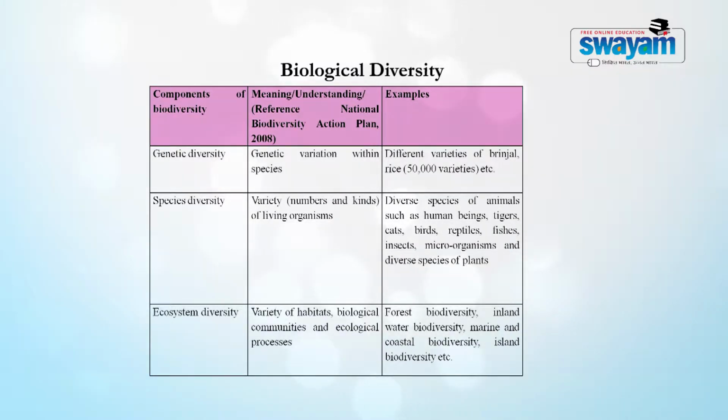So the diversity of the ecosystem is what ecosystem diversity is, and within the ecosystem, as all of us know, there are different kinds of plants, animals and microorganisms. This is what species diversity is. And as we also know, within the species there are different varieties of plants. For instance, take the example of rice.